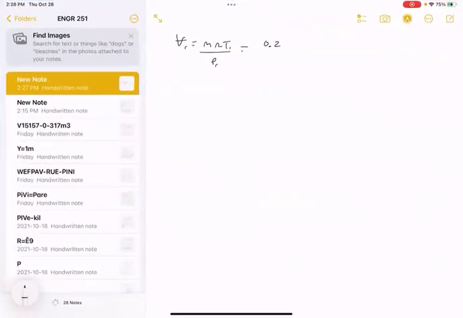Let's go here. So 0.2, R we just saw is 0.287, and that's in kilojoules, so whatever I get here is going to be in kilojoules. The temperature was 350 Celsius, but we don't use Celsius in the ideal gas law, so we add 273 to get Kelvin, which is 623.